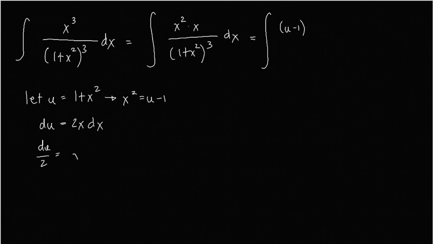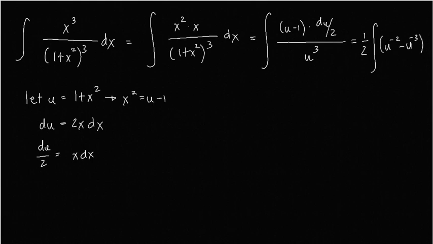So du over 2 is equal to x dx. So this is du over 2 divided by 1 plus x squared is actually yung u. So raised to 3. Factoring out 1/2. So we have 1/2 integral of u divided by u cubed is u raised to negative 2. And then 1 divided by u cubed is negative, or u raised to negative 3 du.